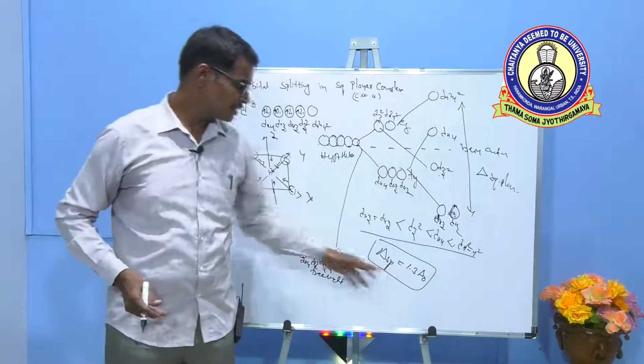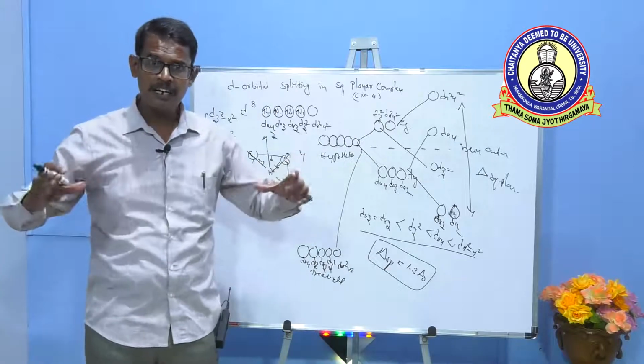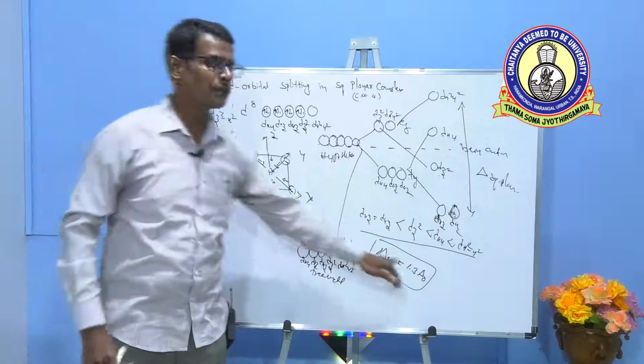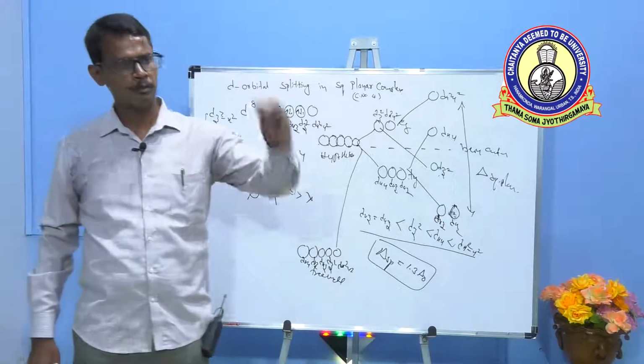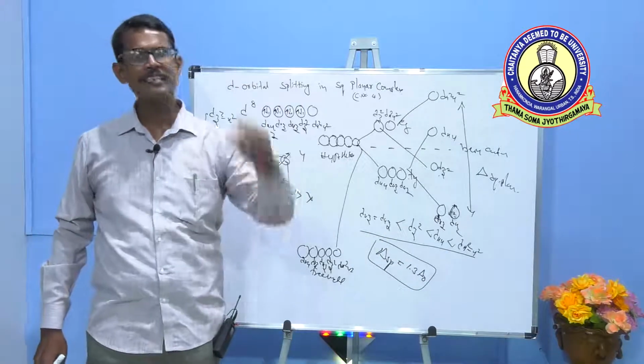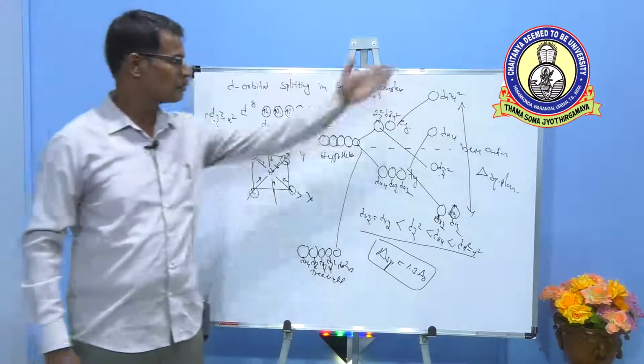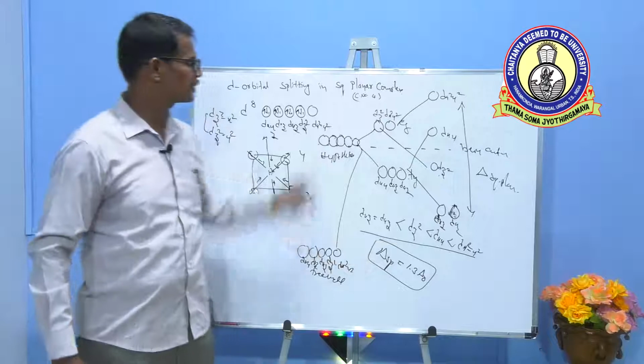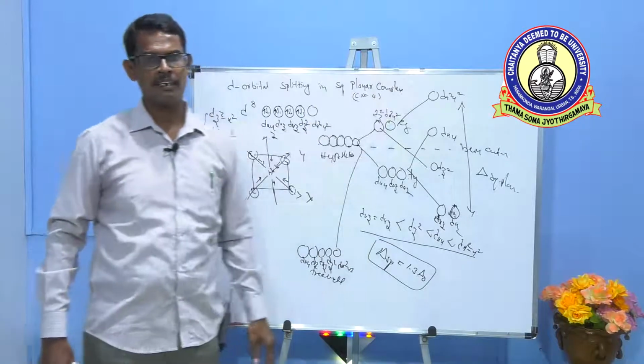Why? Because the square planar complex donor atoms are moved towards the central metal ion more closely compared to the octahedral. So more closely, more repulsions, more energy increases. And this is about d orbital splitting in a square planar complex.